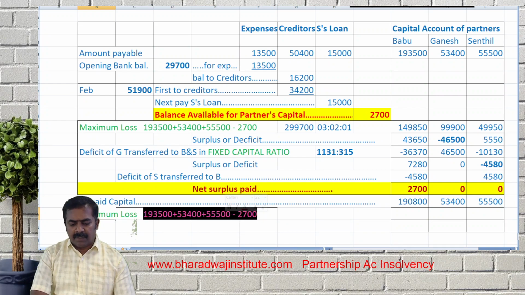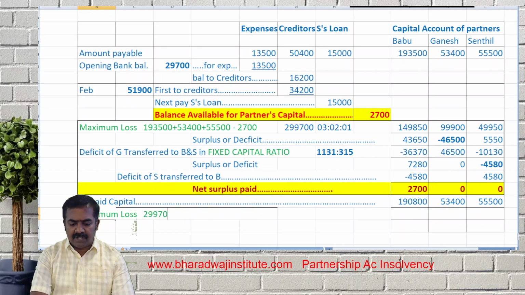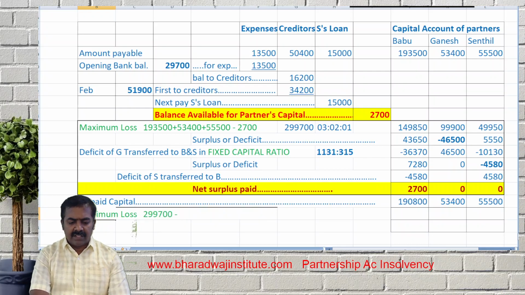Here the maximum loss can be done simply: 299,700 previous maximum loss minus amount available.